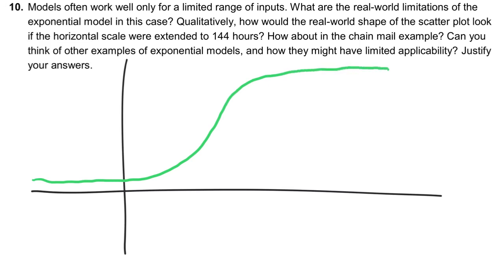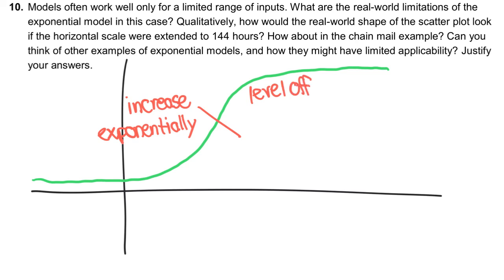It'd be limited by the space that it had, just like the emails would be limited to how many people or email addresses actually exist. So like I said, it would increase for a while and then level off. It would eventually approach one specific number and can't get any bigger.